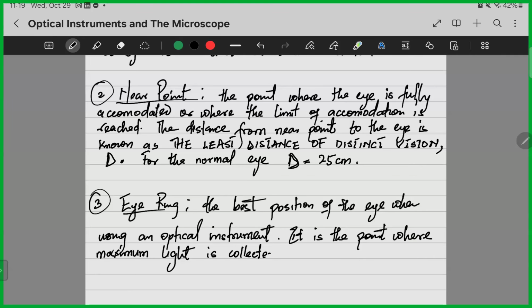So we can say power is inversely proportional to focal length. The meaning of that is that whenever you hear inversely proportional, it means as focal length increases, power decreases.